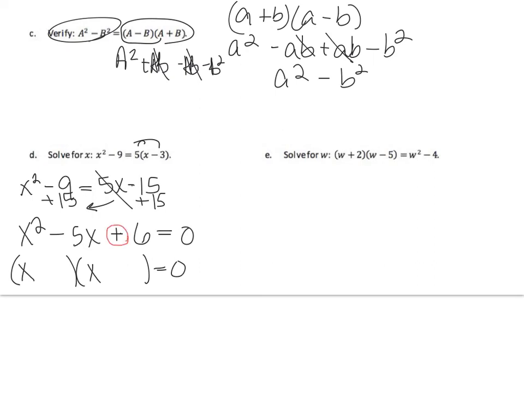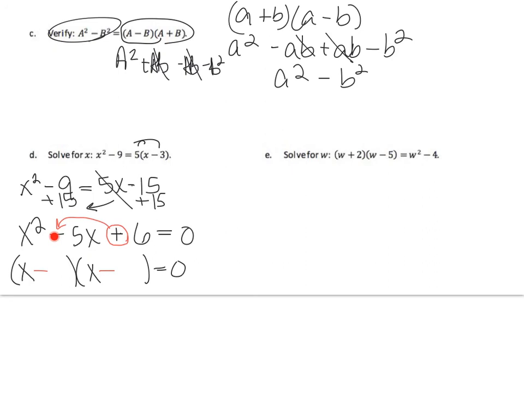This sign tells me what goes here and there, and that one tells me that they're both minus. So if I have a positive in front of the constant, it tells me that these signs are going to be the same, and this one tells me that they're both negative. Okay, so here this says they are both negative.